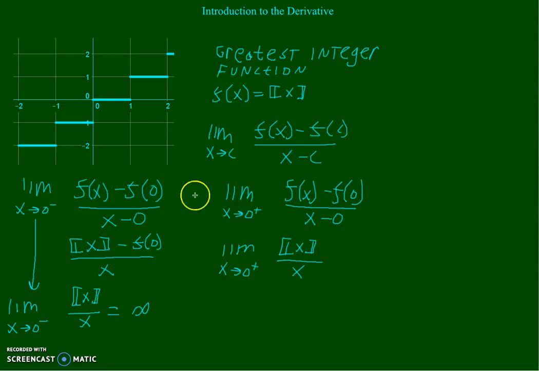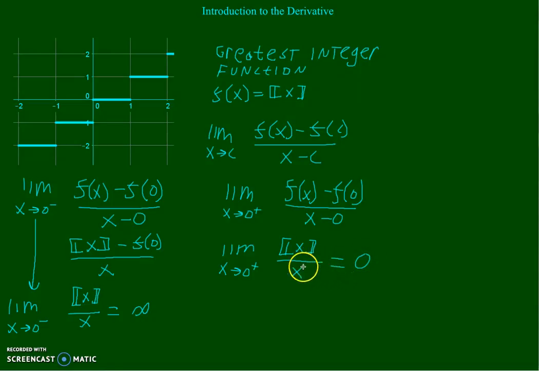As x approaches 0 from the right, the function is always going to be 0. So this is going to be 0 over some number that is also approaching 0. So 0 over anything is simply 0.